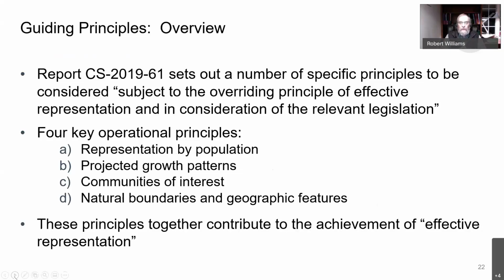The boundaries that we use should be, if you will, visible, easy to remember, fairly straightforward. They're not lines that we make up to meet some of the other principles. Collectively, these four principles contribute to the achievement of effective representation. So it is an amalgam of these things that are blended together, and we're going to talk in a few minutes about how that might work.